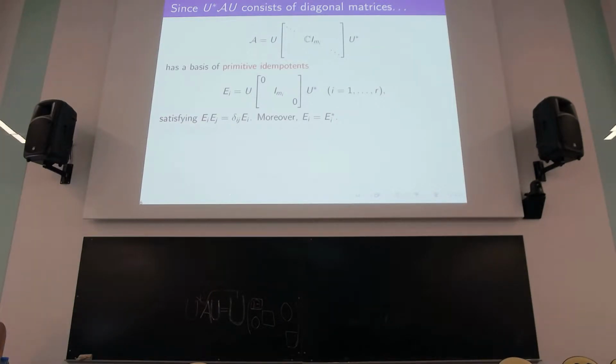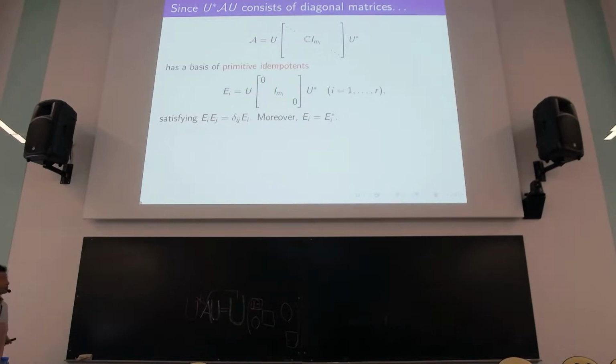Moreover, this matrix is Hermitian because you have a diagonal 0, 1 matrix, which is obviously real symmetric, but if you sandwich it by the unitary matrix, you get a Hermitian matrix. I will use this fact later, that the primitive idempotents are Hermitian.